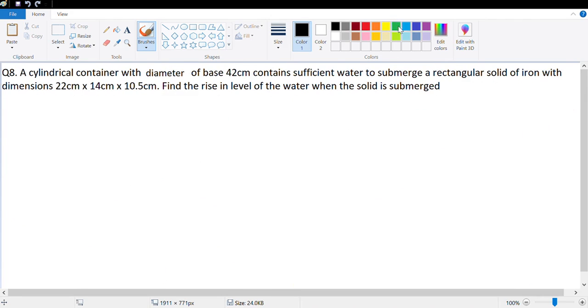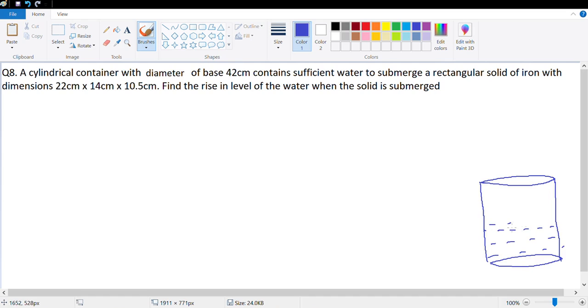The next question that we do is question number 8. It says a cylindrical container with diameter of base 42 centimeter contains sufficient water to submerge a rectangular solid of iron. So let's draw, for reference sake, a cylinder, and this has sufficient water to submerge a rectangular solid of iron.